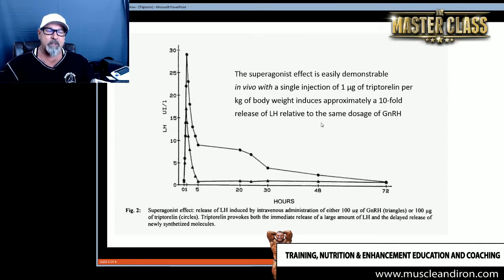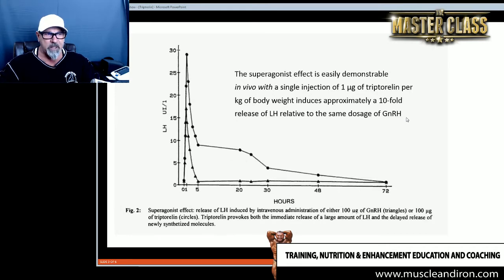You see here, this is a graphical representation from a study where they basically gave the same amount of Triptorelin in terms of dosage compared to natural GnRH to an individual, and the consequence was that approximately 10 times more luteinizing hormone was produced. So it is what we would call a super agonist. It produces a very potent outcome.